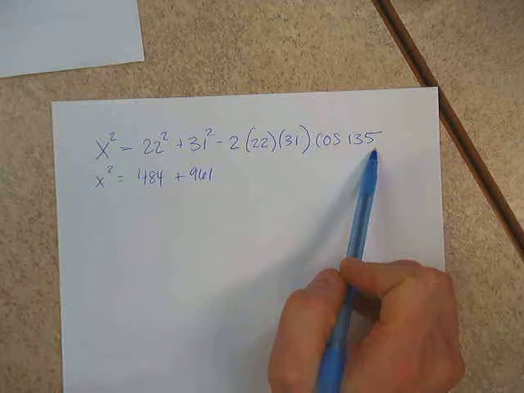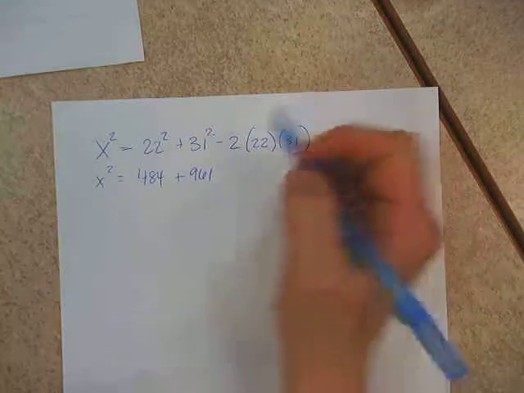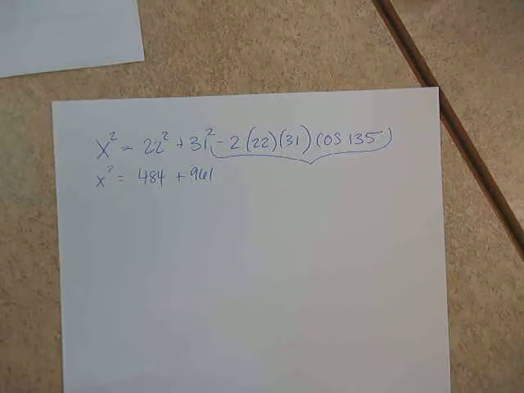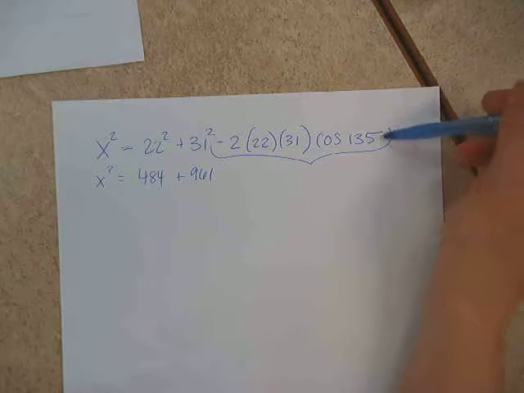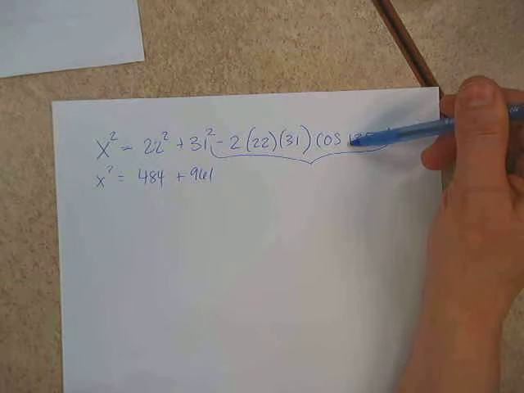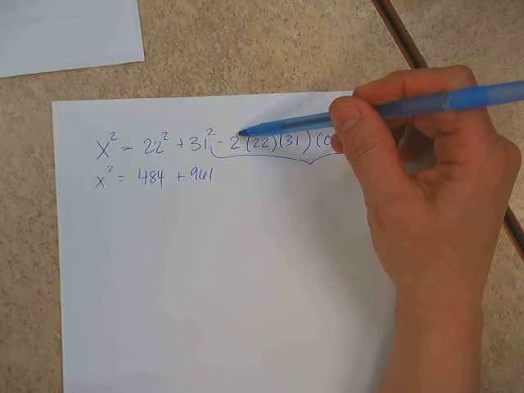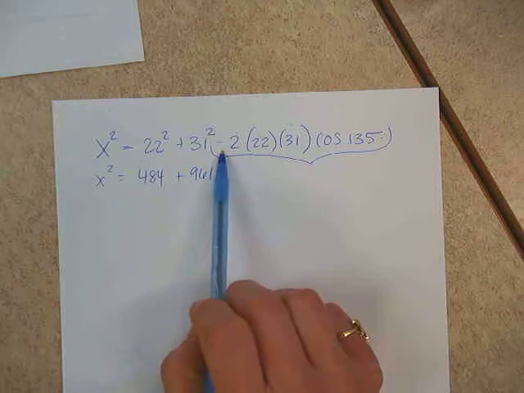And what I would recommend, because most calculators will do this, is that you do this in one shot. If your calculator will let you put in -2 times 22 times 31 times cosine of 135, then do that. If you have to kind of do it backwards, like the classroom set of calculators, you would do 135, take the cosine, times 31 times 2 times -2, but do it times -2.